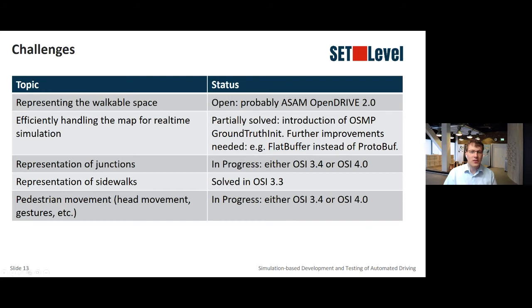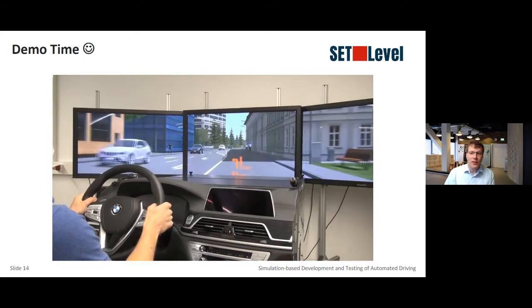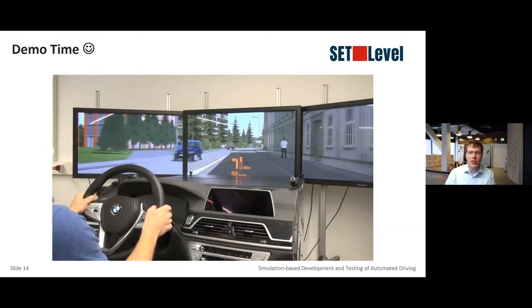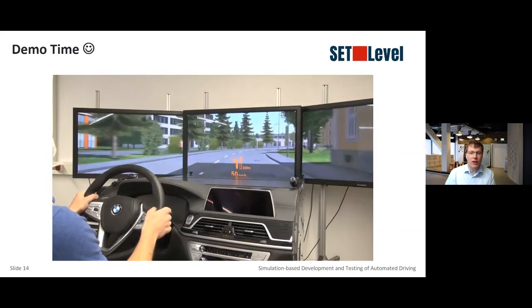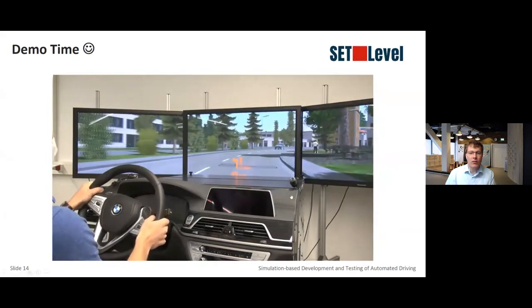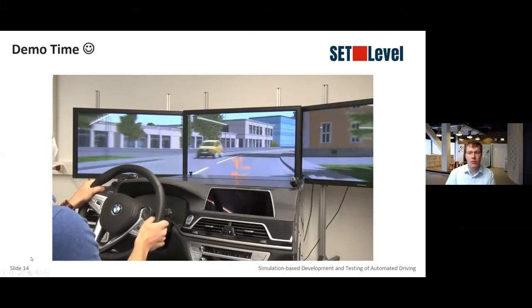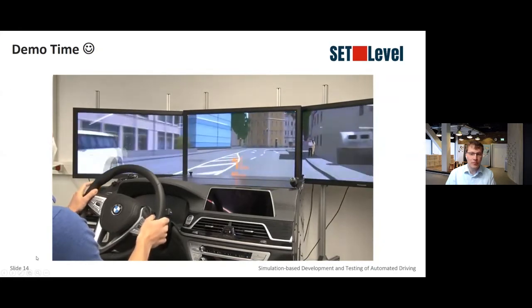So after we have looked at the challenges, I would like to show you a short demo video of the current state. This is on a small test simulator, and you can see some pedestrians on the right side now, and here also on the left side. All the pedestrians that are moving are animated using the OSI pedestrian model, connected via an FMU and OSI to the simulator.